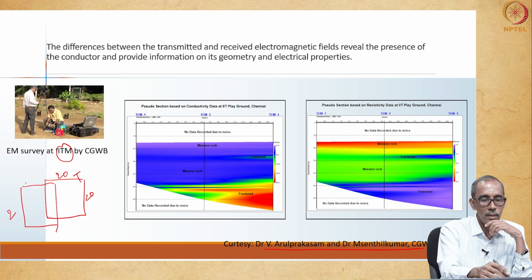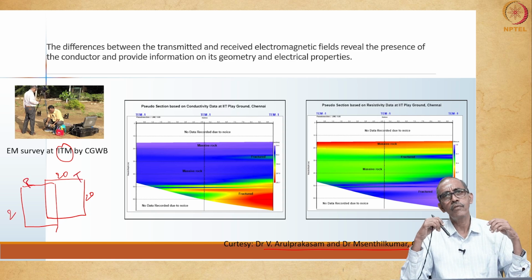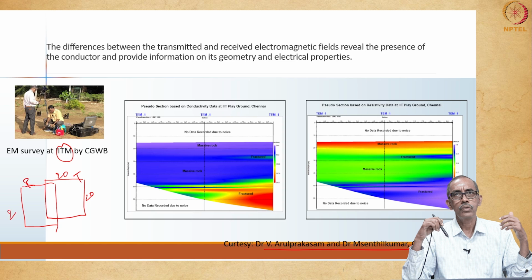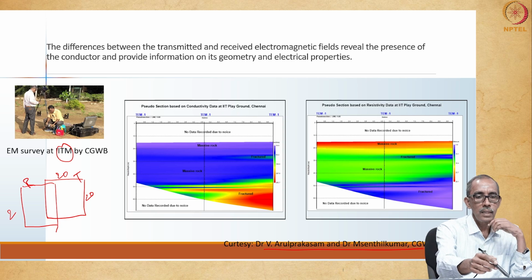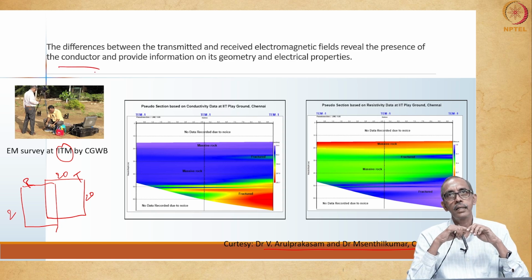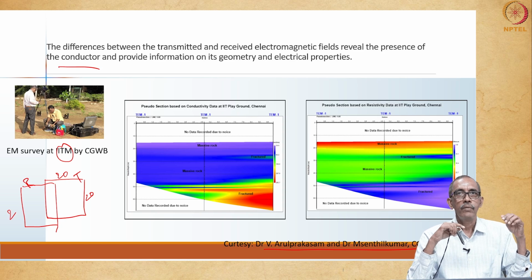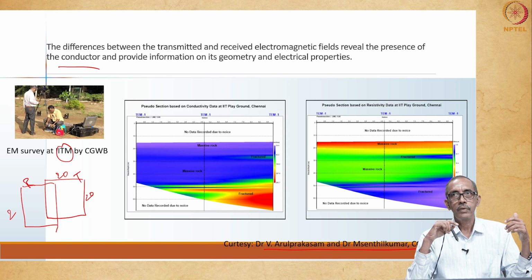This is transmitter, this is receiver. So, different configurations can be made use of, and the differences between transmitted and received electromagnetic field are used to understand the presence of a conducting body, and based on this we can arrive at the pseudo section. That means, we can try to get the pseudo section.